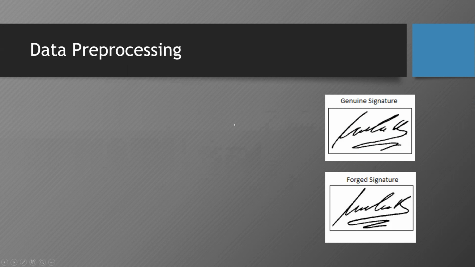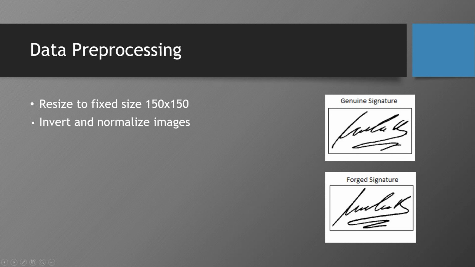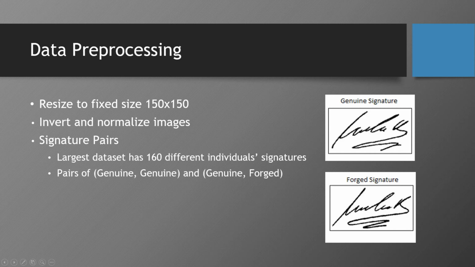So this is how we set up our model. First we're taking each image. As you can see on the right, there are two types of images: a genuine signature and a forged signature. So we're going to resize them. And then since most of the image is background white, we're going to invert and normalize the images. And then we're going to create pairs for genuine and forged.